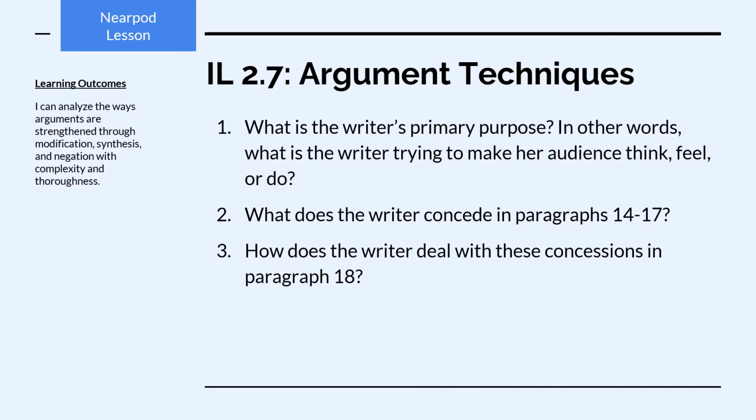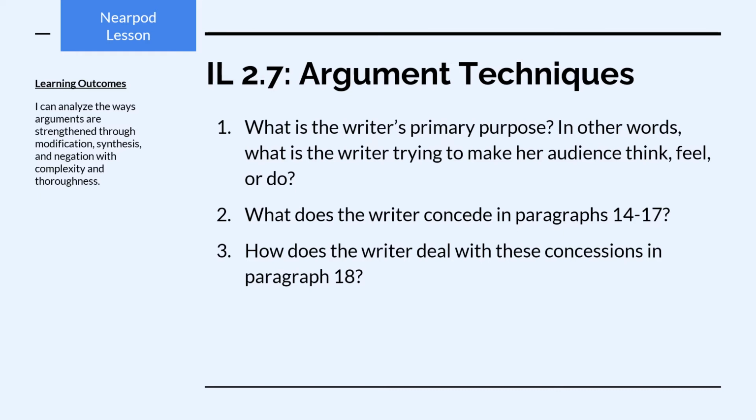She gives the examples of these short-term boycotts, like turning off your lights for an hour or purchasing pink appliances, which, while symbolic, as she says in paragraph 17, are all about you and your image, of feeling like you've done something and looking to others like you've done something. So those are the 3 ideas she concedes in 14 through 17.